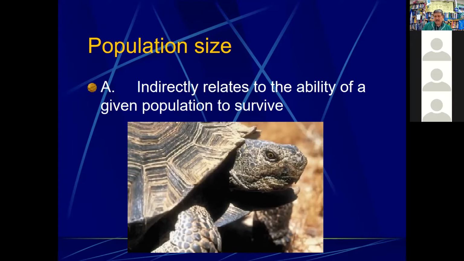They have to mate, so one male has to meet one female. If you're a California desert tortoise walking around and the population is small, chances are lower that you're going to encounter another desert tortoise, and even lower, it's 50-50 here. Is it going to be the correct gender?